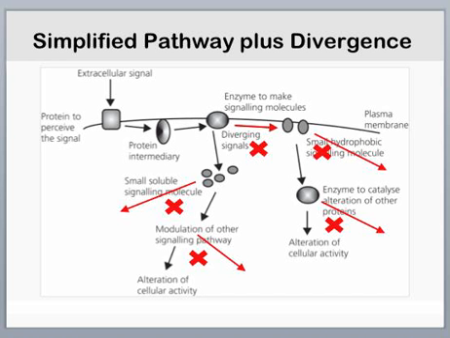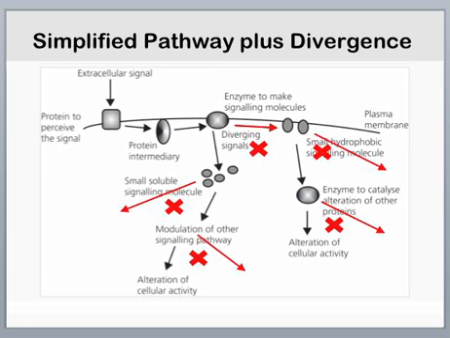And typically this is a way that a single signal can activate different components of the cell, whether it be gene transcription or change in protein structure through covalent modification or something like that.